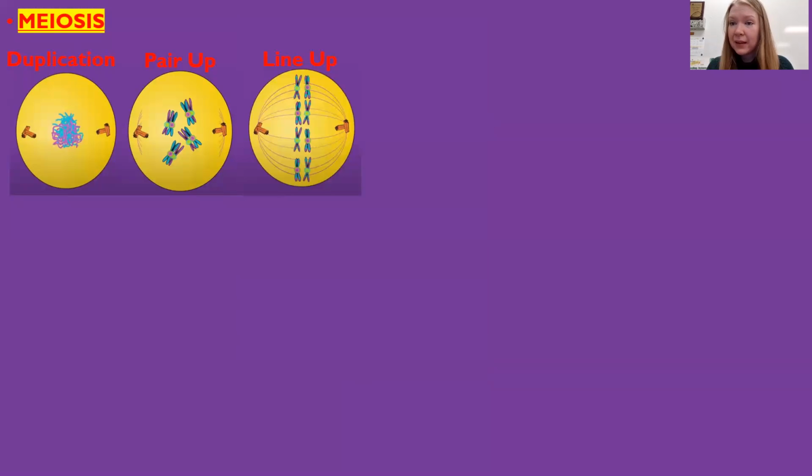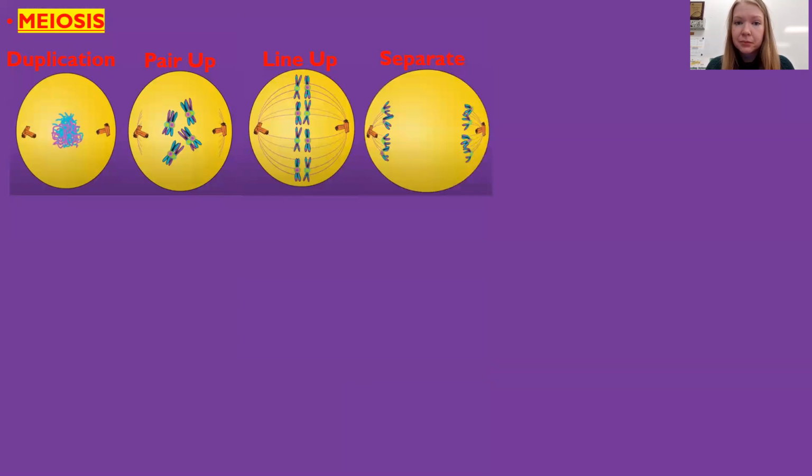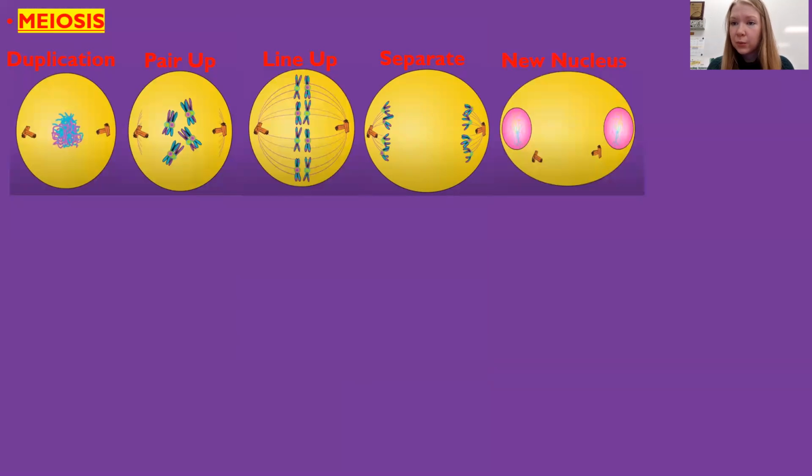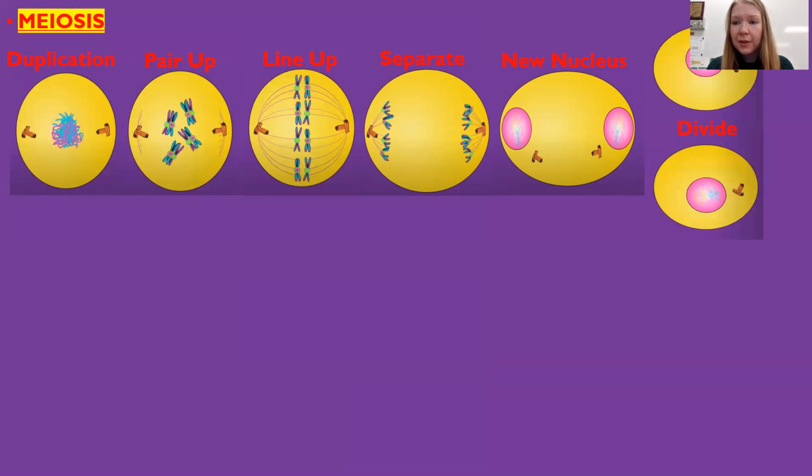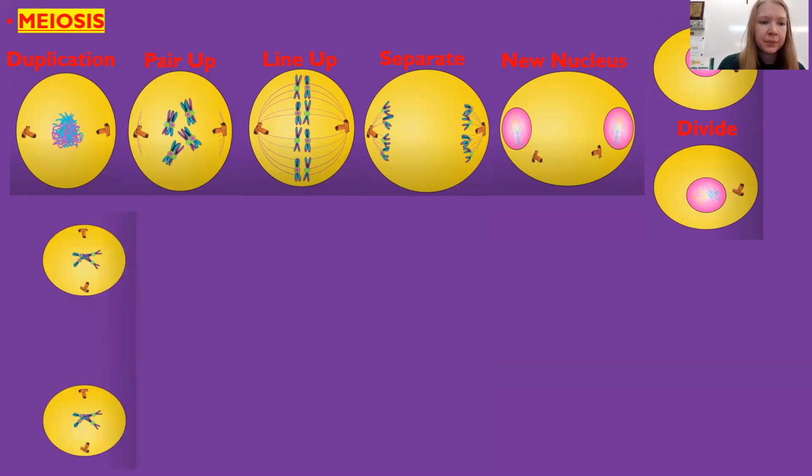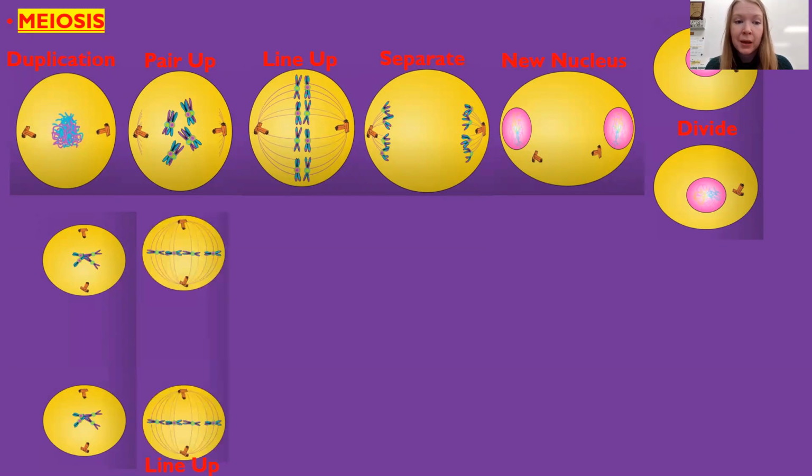The homologous pairs now line up in the middle. They separate to separate sides of the cell. A new nucleus will form over these chromosomes, and then they divide out. Now for these two cells, they don't duplicate themselves, because currently they have 46 chromosomes and they want to get down to 23, right?